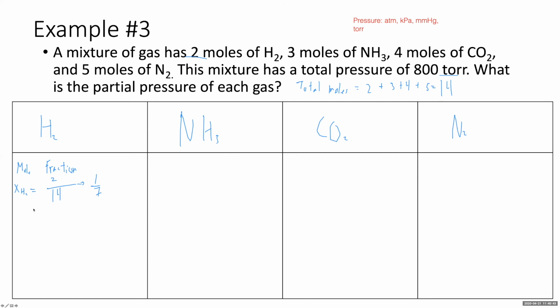So remember mole fraction. The next step is to find the partial pressure.